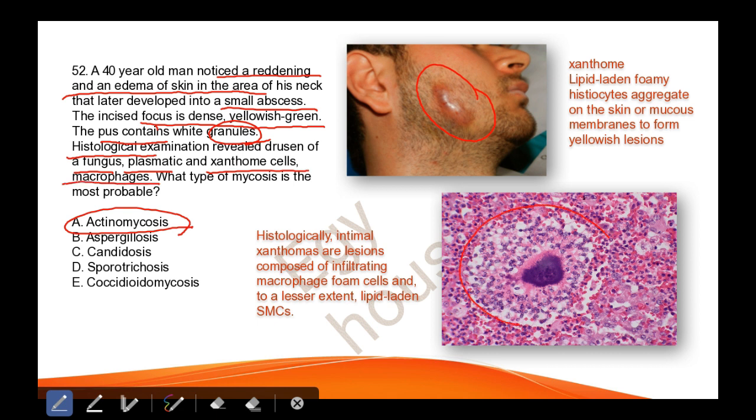So xanthome cells are these aggregations of macrophages that have inclusions of lipids, and in the center here we have a lipid-laden formation of smooth muscle cells getting infiltrated with high amounts of lipids.